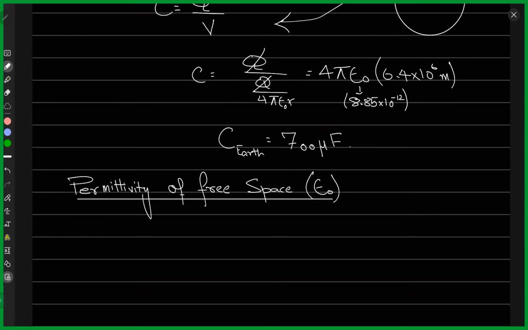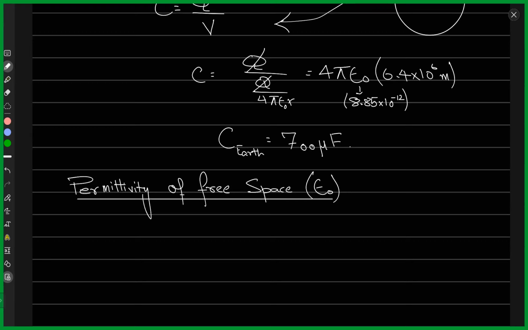So it defines how much I can permeate my free space, or in terms of capacitance, you can say that it defines the distribution of capacitance in the entire vacuum, right? Free space just means vacuum, where there is no potential in that space.